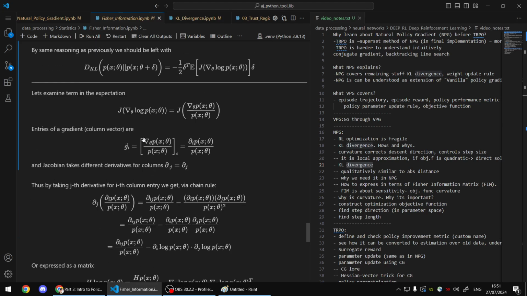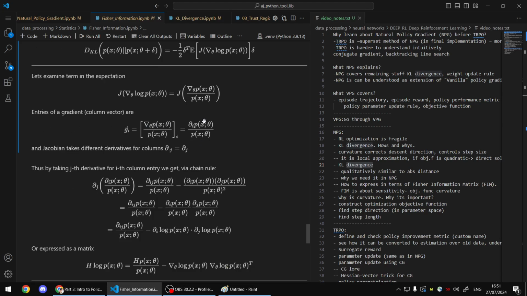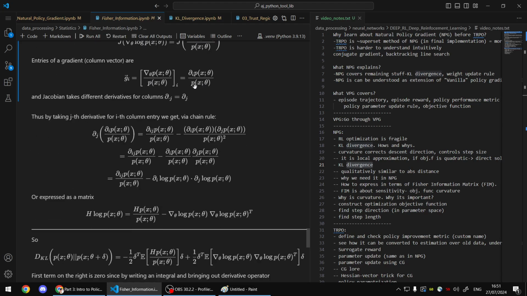Basically, we know the ith entry of the gradient of our log, which we rewrote in this format, is an entry of a column, and then we take the jth entry, basically the jth derivative as in the Jacobian.